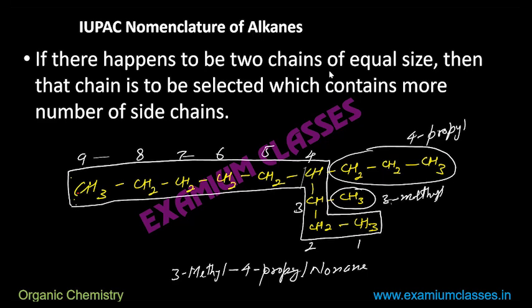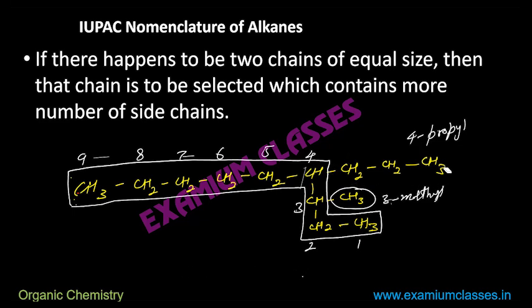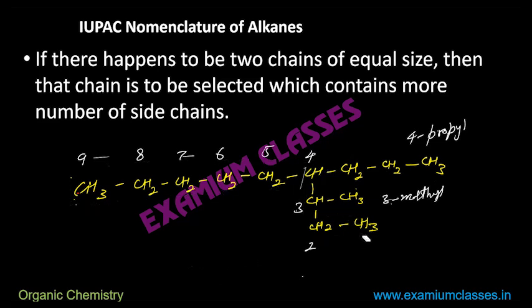When we name, first we find the name of the alkane of the root chain. So the root chain is of 9 carbons. If I write it again, I will start from the right side.